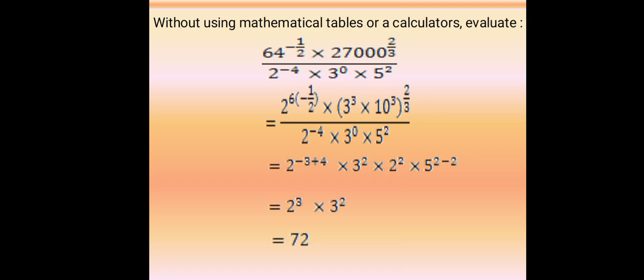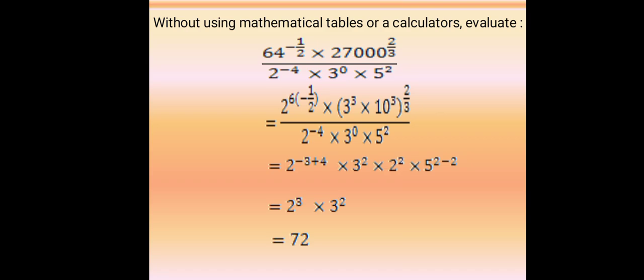You can see it was 3 cubed, but we have 2 thirds outside, so the 3 and 3 cancel, so that we have only 2, so it is 3 squared. And then 10, it was 10 cubed, we multiply by 2 thirds, the 3 cancelled, and we had 10 squared. And we saw 10 squared, we could break it into 2 squared and 5 squared.